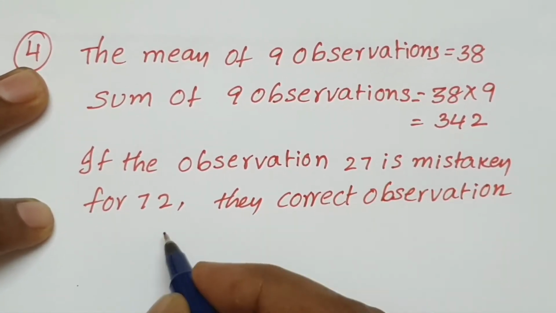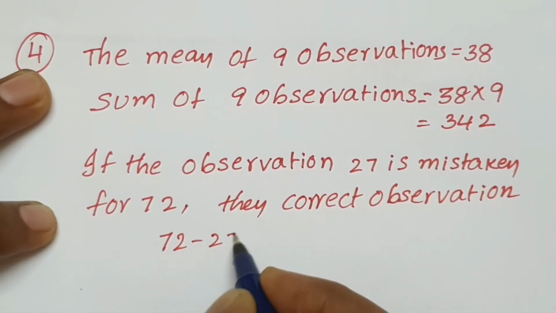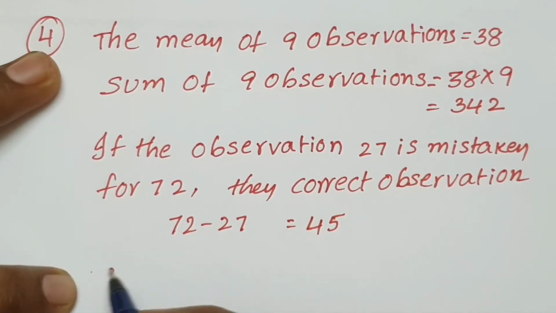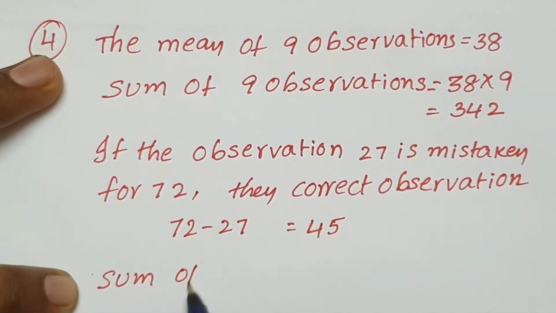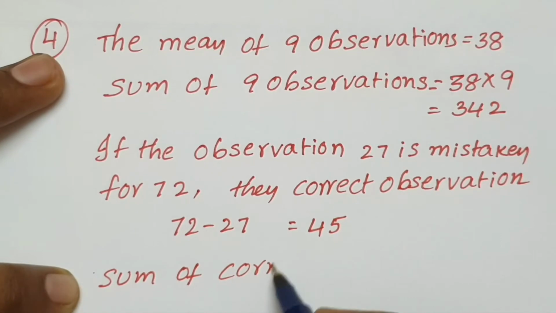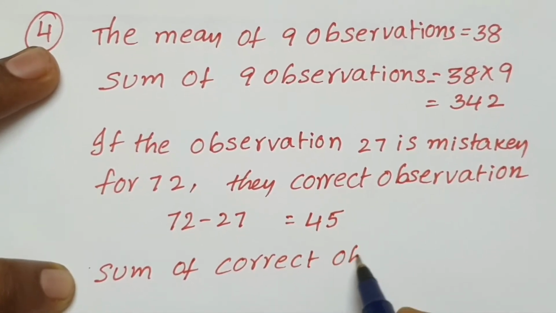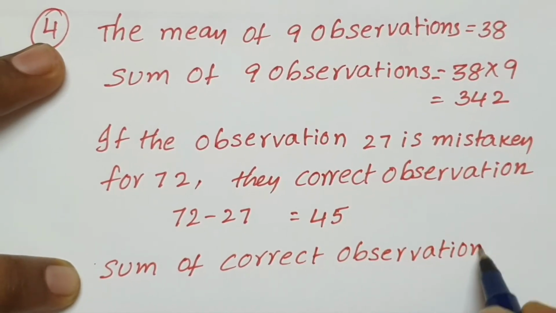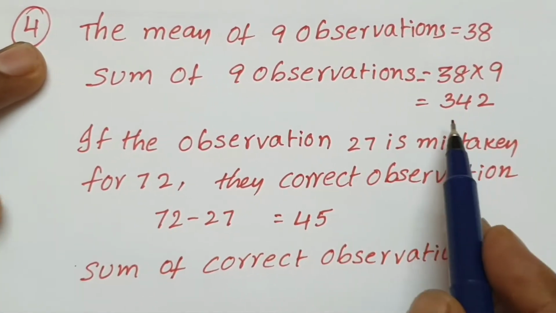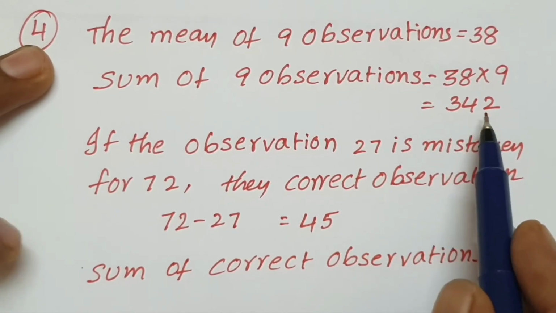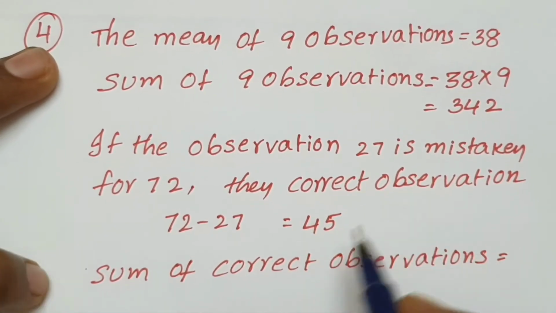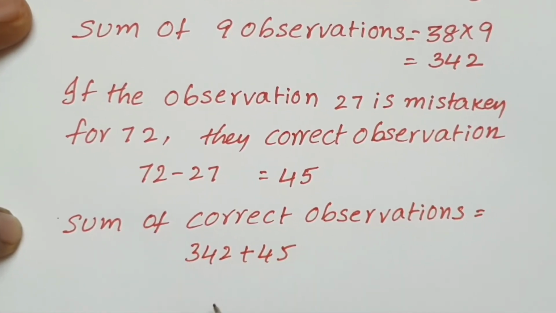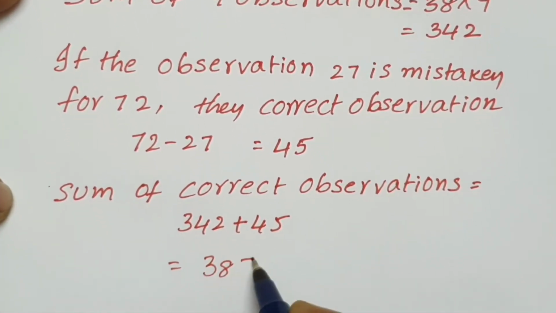Correct observation, 72 minus 27 equal to 45. So sum of correct observations equal to, before 9 observations sum 342, plus 45, 342 plus 45 we get 387.